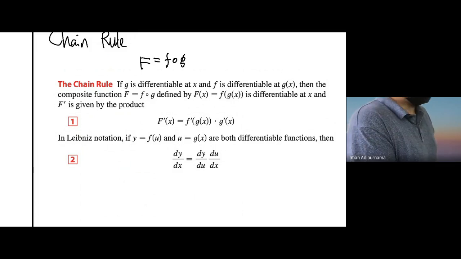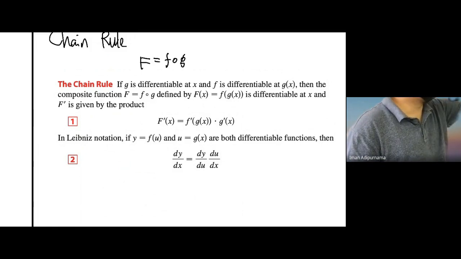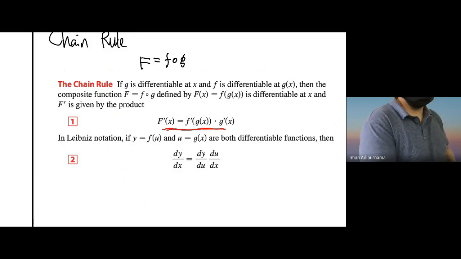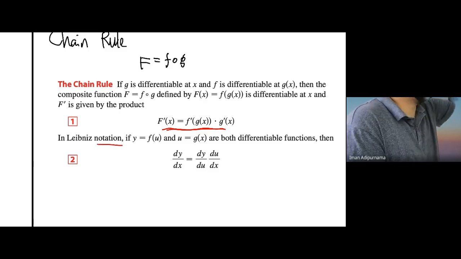So whenever we have this big function f, we can derive and make this our conclusion. You can also write it in another notation. We call it the Leibniz notation.